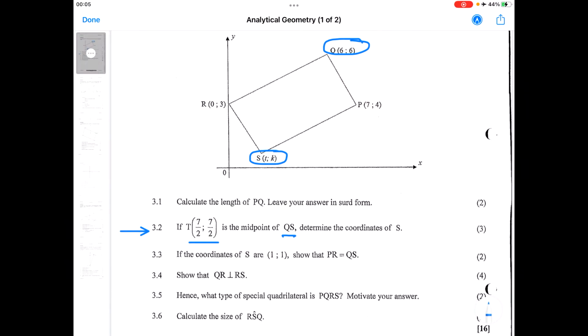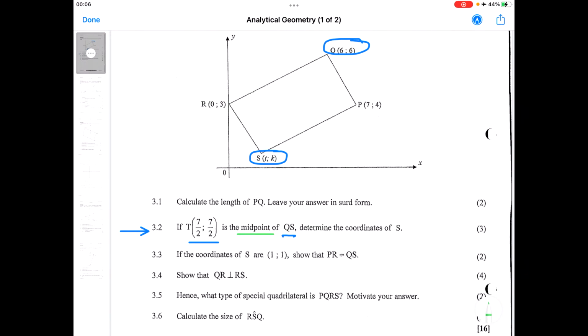Let's try to do something there. Maybe let me look for a different color. So what the examiner is saying is that if T, can you see now a new point has been introduced. So you need to locate where that new point is, being T. So this is what guides you in terms of exactly where that point is. It is in the middle point of QS.